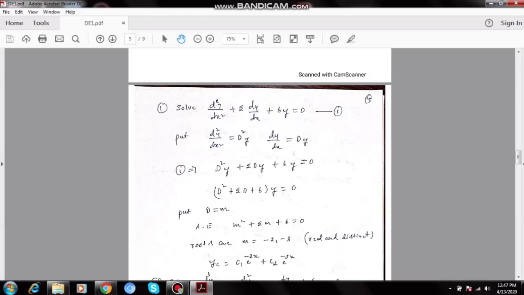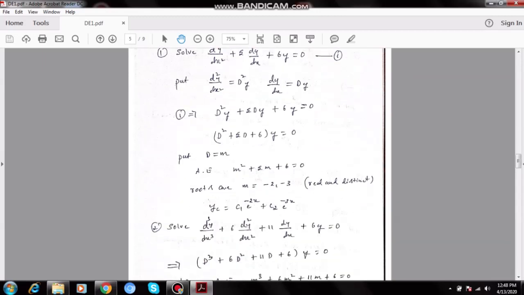So the auxiliary equation is m square plus 5m plus 6 is equals to 0. You can use the calculator to find the roots of this equation. The roots are minus 2 and minus 3. Both are real numbers, and they are not equal. So what is the nature? Real and distinct. So we will write the complementary function as c1 e power minus 2x plus c2 e to the power of minus 3x.